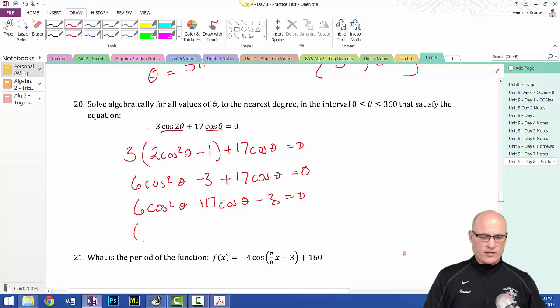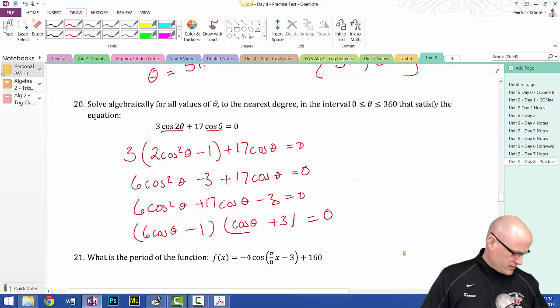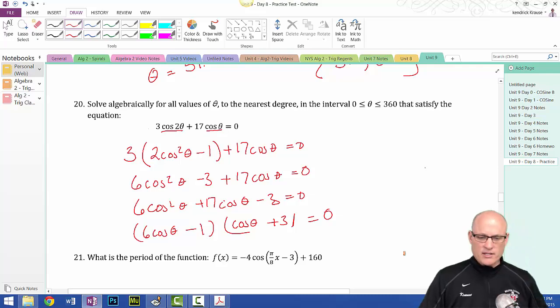And then this factoring is actually quite easy, only because 3 times 6 is 18. So 6 cosine theta and cosine theta. And then this one's going to be plus 3 and minus 1. Correct? All right, so this one's going to give me cosine equals negative 3.